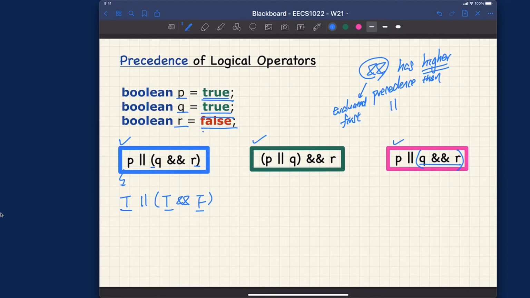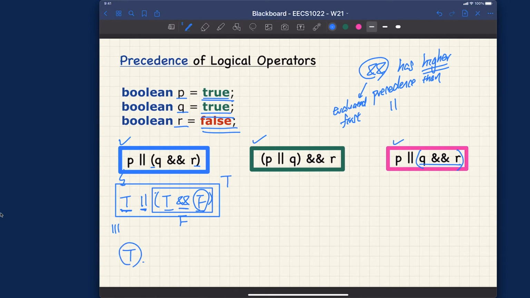You can see the correspondence here. That one should be quite easy because one of the operands for conjunction is already false, so this part is really false. And as long as one of the operands of the disjunction is true, the overall is going to be true. So the answer is true.